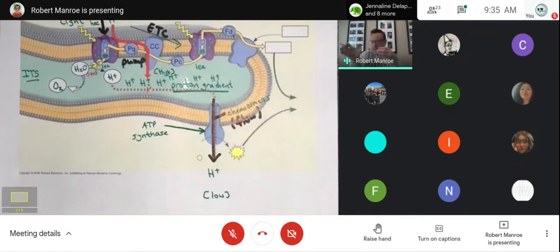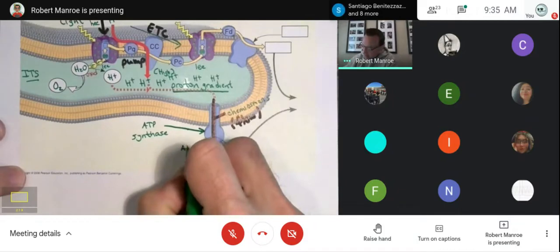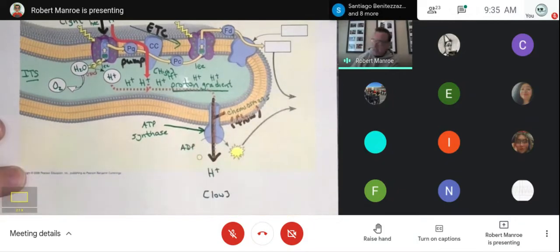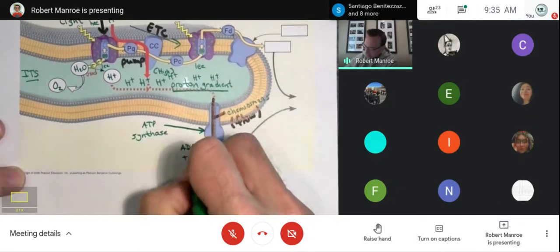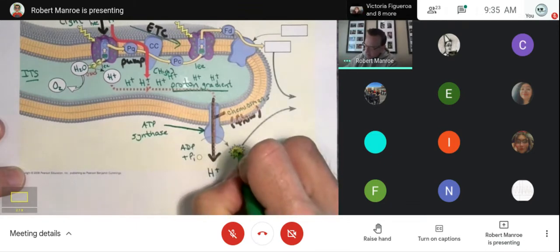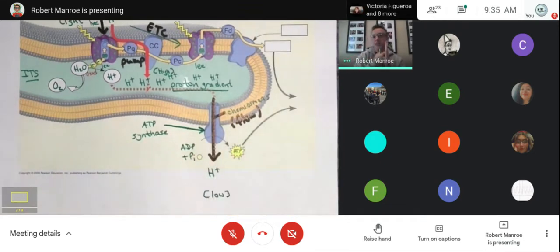While the head has 3 different protein areas that open and close. It's really cool. And what the head does is physically grab adenosine diphosphate, ADP, and the inorganic phosphate and force them together, okay? Physically makes a high energy bond between this phosphate and this ADP and makes ATP.